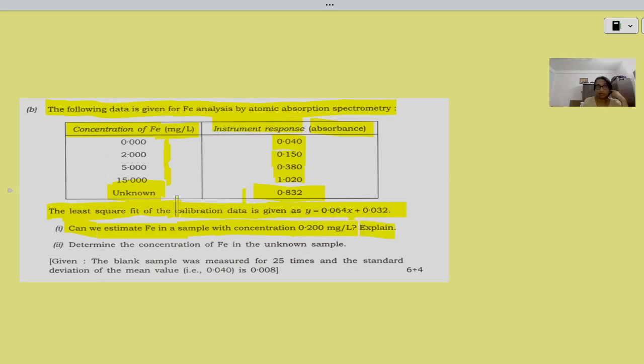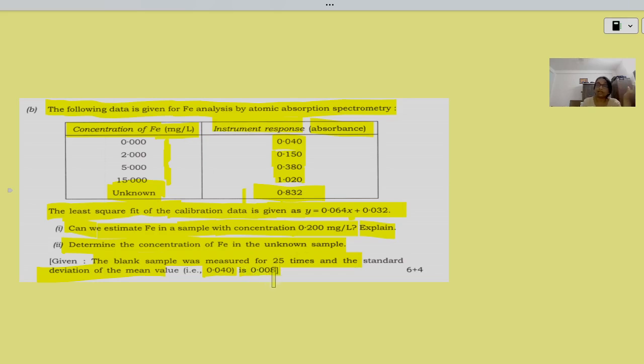Yes, we can calculate and determine the concentration of iron in an unknown sample. In this type of absorption spectroscopy, first you fit the blank sample for the calibration of our instrument. The blank sample was measured 25 times, and the standard deviation of the mean value is 0.008.